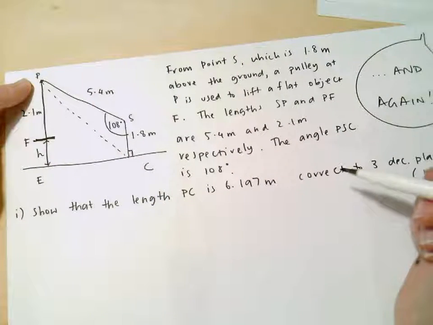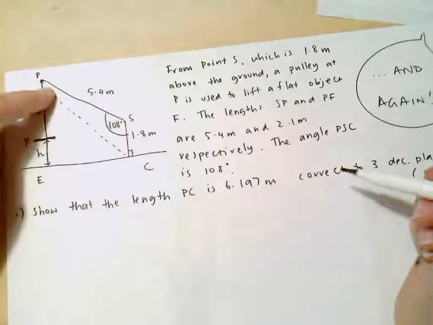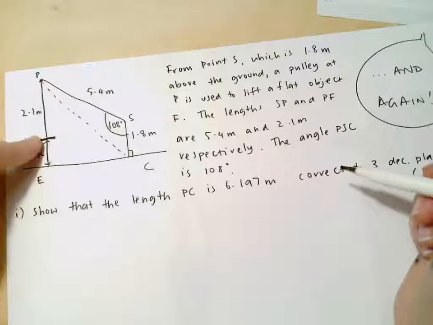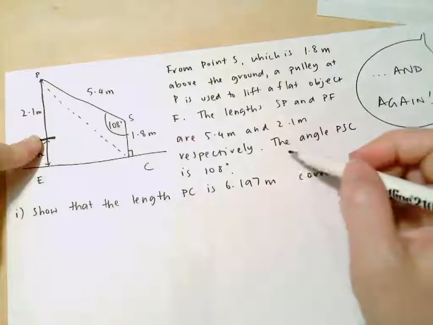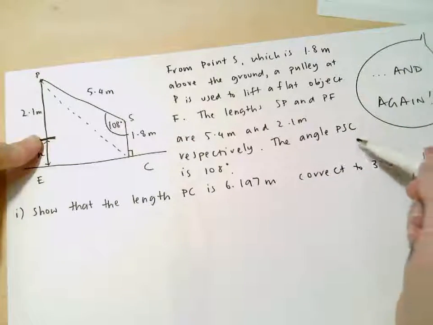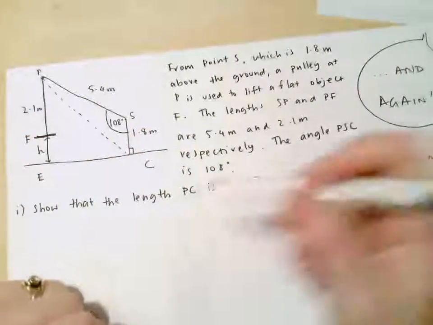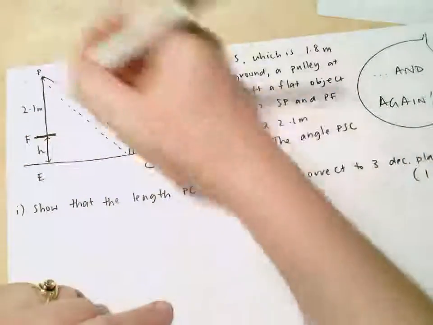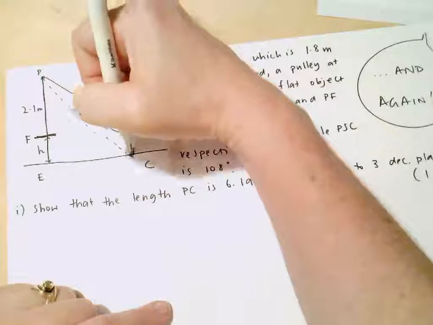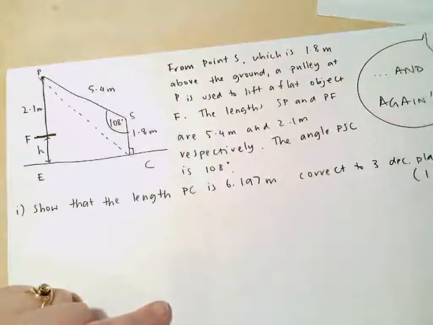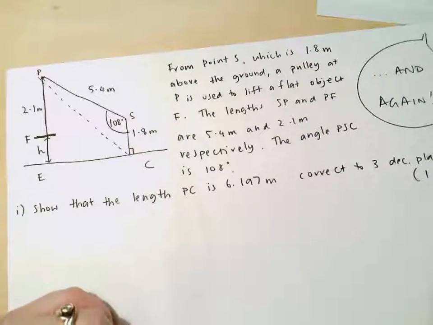The lengths SP, that length there, is 5.4 metres, and PF, that length there, is 2.1 metres. It says the angle PSC is 108, so that's given to you. It says show that the length PC, so this length here, is 6.197 metres.